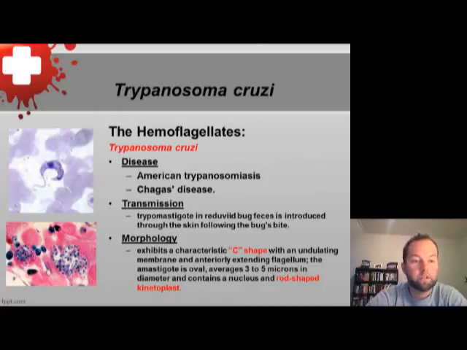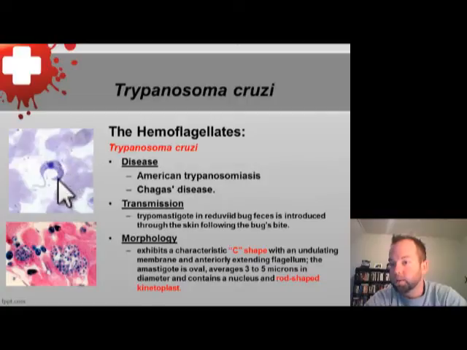And the morphology present in the upper image here, we have a circulating trypomastigote, and it has this characteristic C shape with this nucleus in the middle third of the body, and a terminal kinetoplast that serves as an attachment for the undulating membrane that lines the organism.